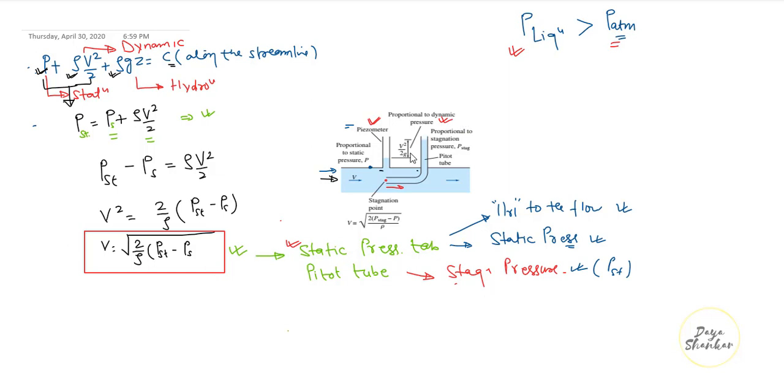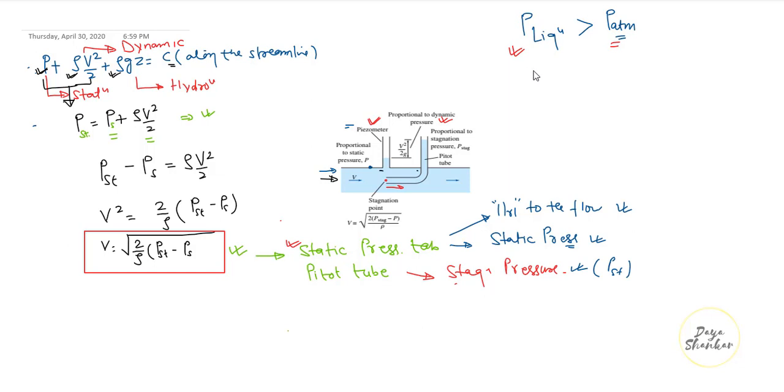But suppose the flowing fluid inside it is a gas, so in that case piezometer does not work. Why? Because one end is open, so suppose there is a gas, then it easily leaks through it, so in that case it will not be used. So in that case we generally use a U-tube manometer or a pressure transducer.